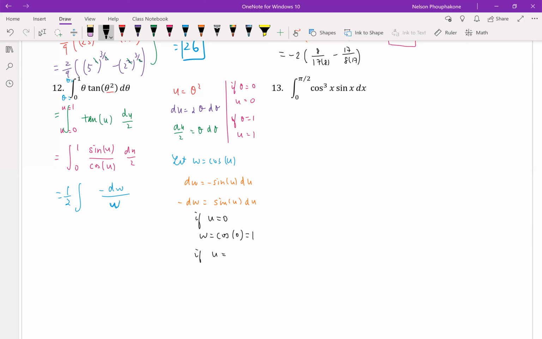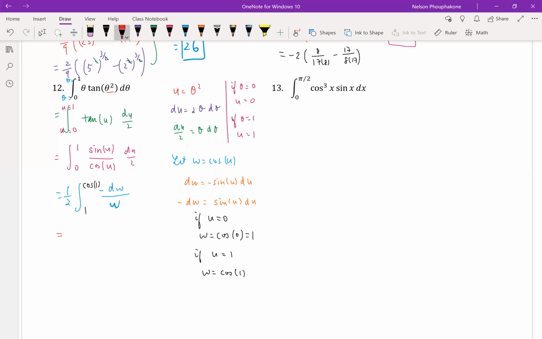If u is equal to 1, then w is equal to cosine of 1. So now I will have from 1 to cosine of 1.